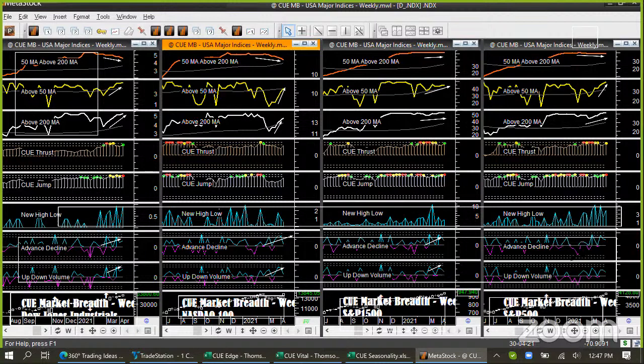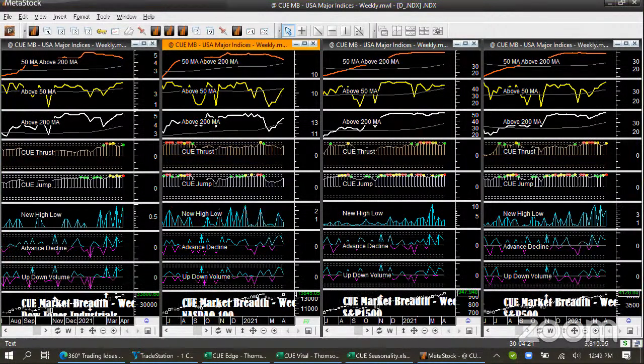Advanced decline and up down volume are also bullish now. All the three market internals for all the four major indices are bullish. This picture is certainly bullish.